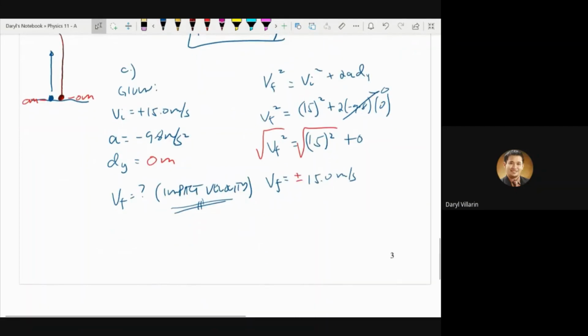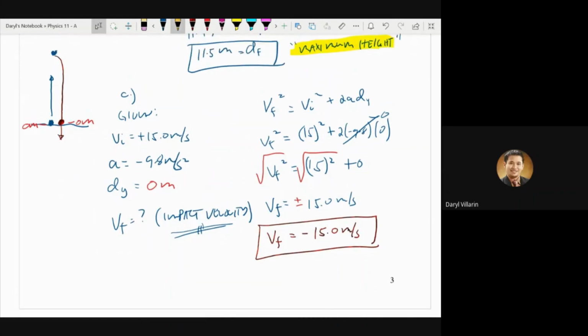But in this case, is it not that if it is moving down, the direction is downward? So therefore, you're going to take the negative value. Okay? So if you can observe here, the value is just the same magnitude. However, the direction changes. And actually, it's true for any position here.